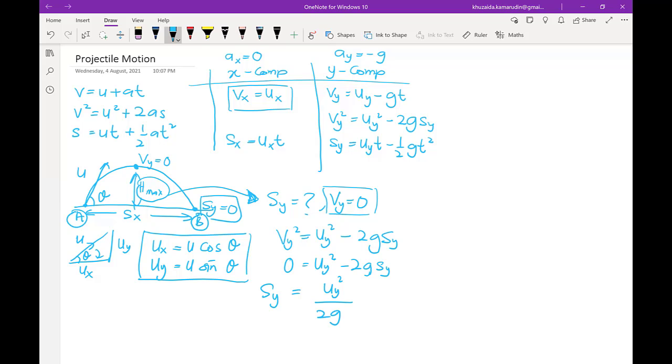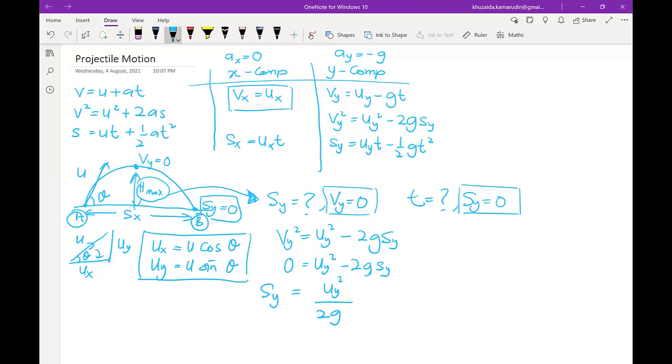Kenapa kita penting tahu tentang SY equals 0? Tadi kalau soalan tanya, what is the total time of flight, and we know that untuk full projectile motion, bila sampai dekat endpoint, your SY equals 0. So macam tadi juga, you want to calculate time, and you want to use the equation yang ada SY.